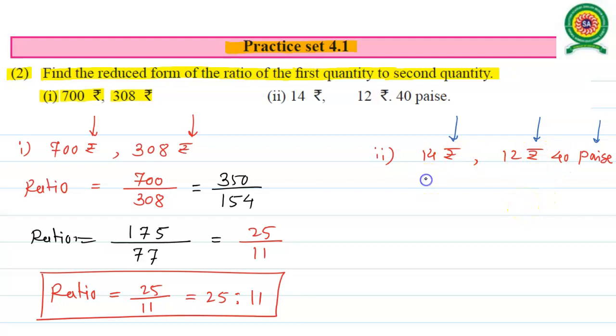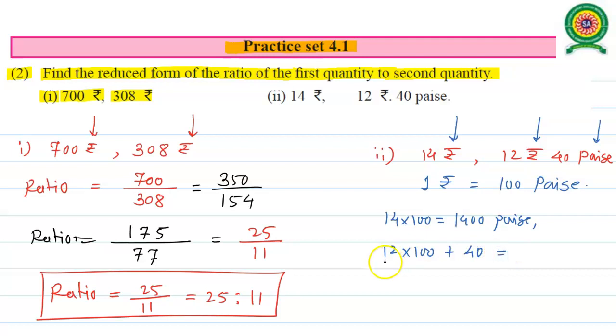Now we know 1 rupee equals 100 paise, so we are converting here the largest unit in terms of the smallest one, that means rupees in terms of paise. So 14 rupees equals 14 into 100, that is 1400 paise, and 12 rupees 40 paise. Now the 12 rupees becomes 12 into 100 plus the 40 paise. So 1200 plus 40 we have 1240 paise now.